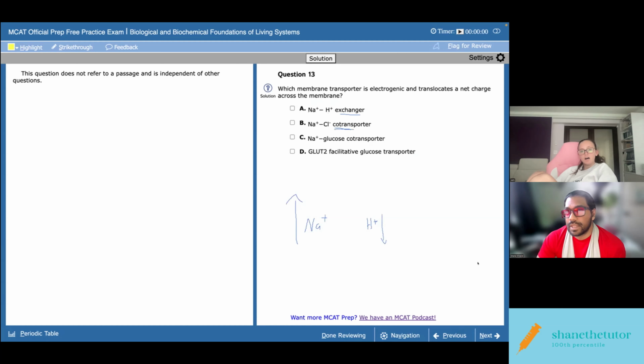Think about the difference between exchanging something and doing it with co. Co is like something else is there facilitating. So exchanger, we're exchanging sodium for protons. Co-transporter, we're not exchanging them, so they're going to go in the same direction.